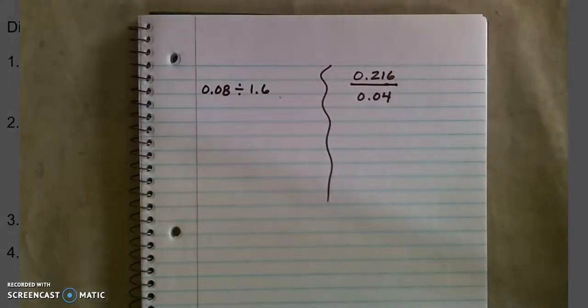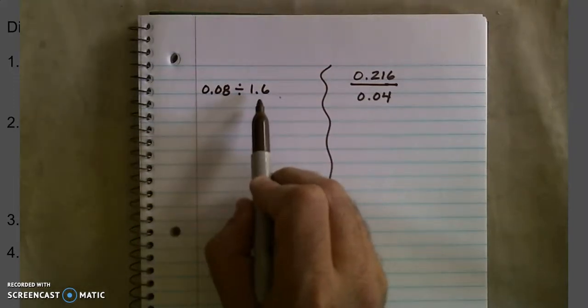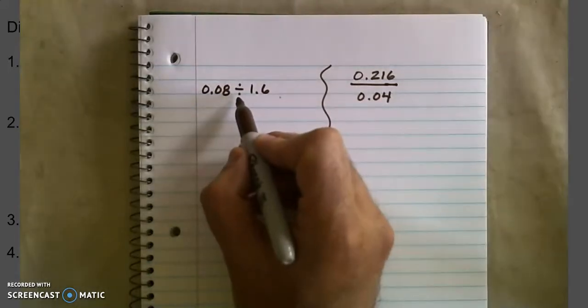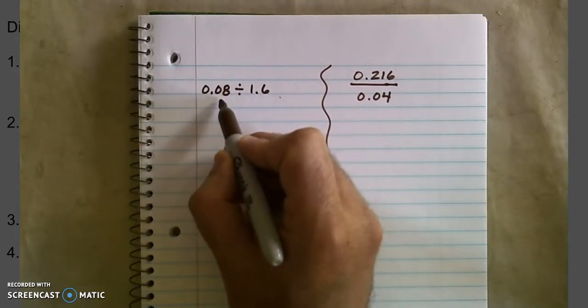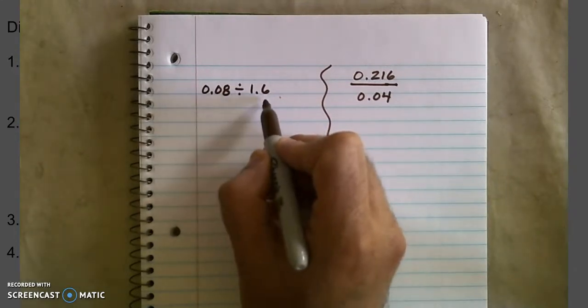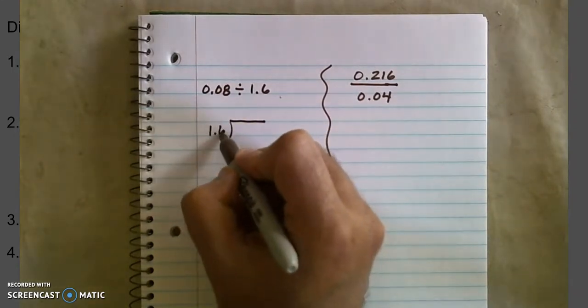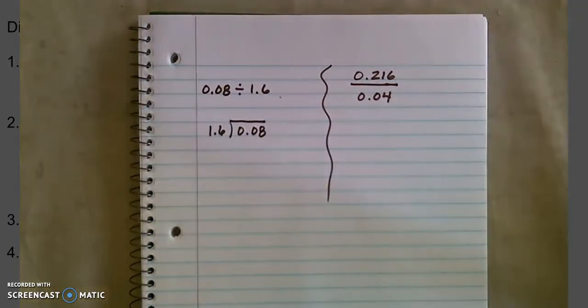Okay, so in our first example, we have the problem 8 hundredths divided by 1 6/10. Remember when we see the division symbol, this is our dividend, this is our divisor. So when we rewrite it, this is how it's going to look to start with.